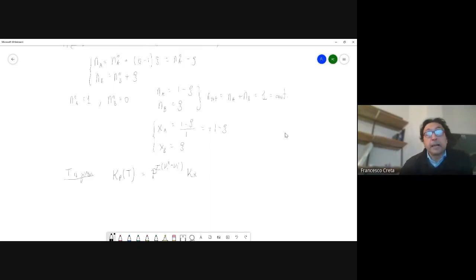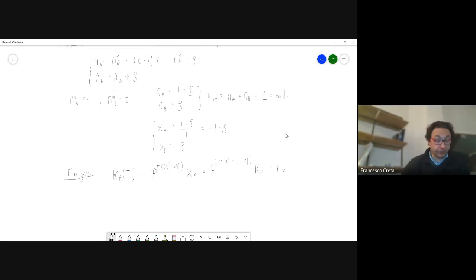And in fact, this quantity here, we just saw that it's 0. So I can rewrite it as, for A, 0 minus 1, and for B simply 1 minus 0. So this is P to the power of 0 times Kx. So this is simply Kx.